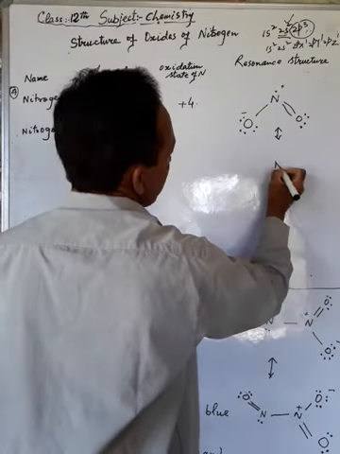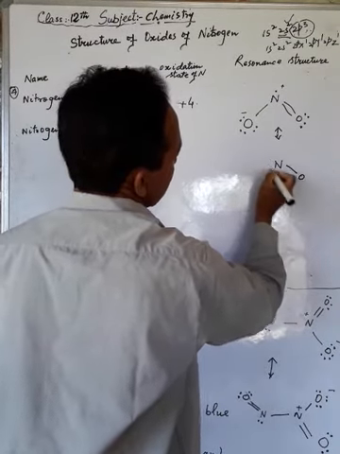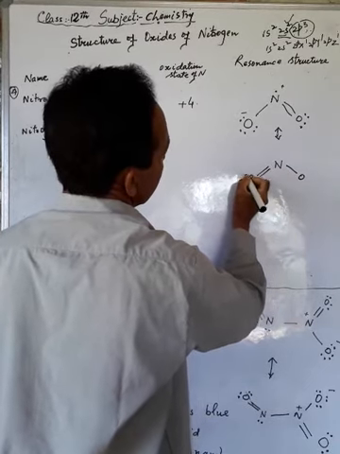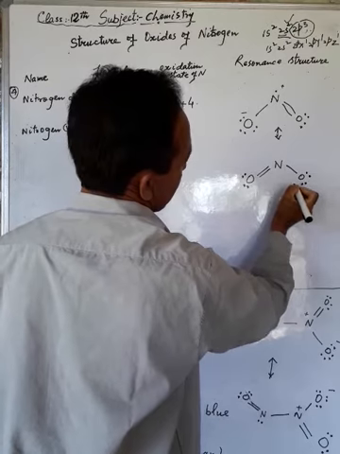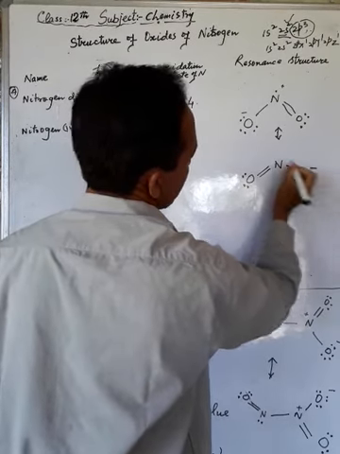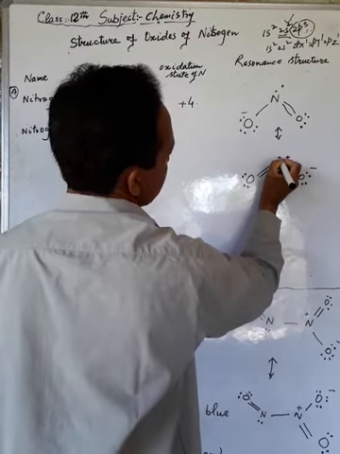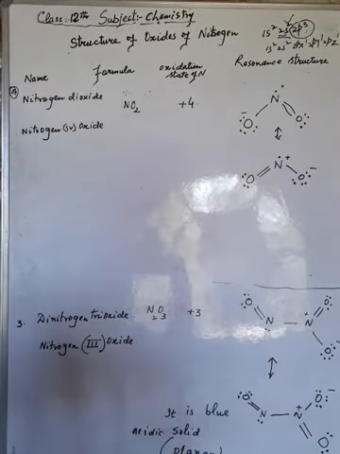Now the octet is complete and we can show it also like this. This is negative charge and this is positive and this is a lone pair of the electron.